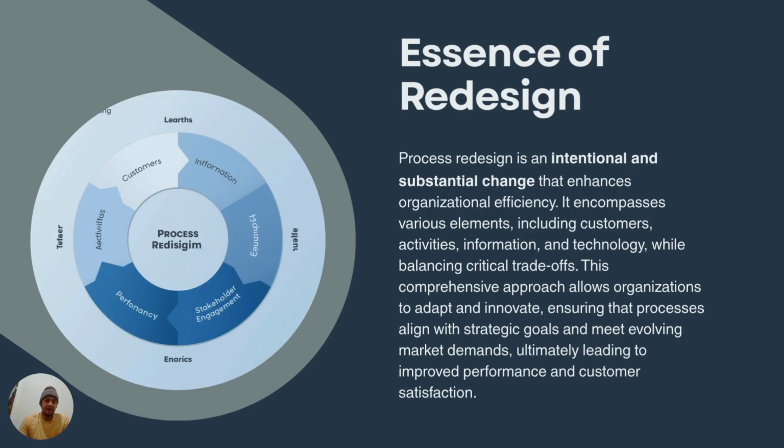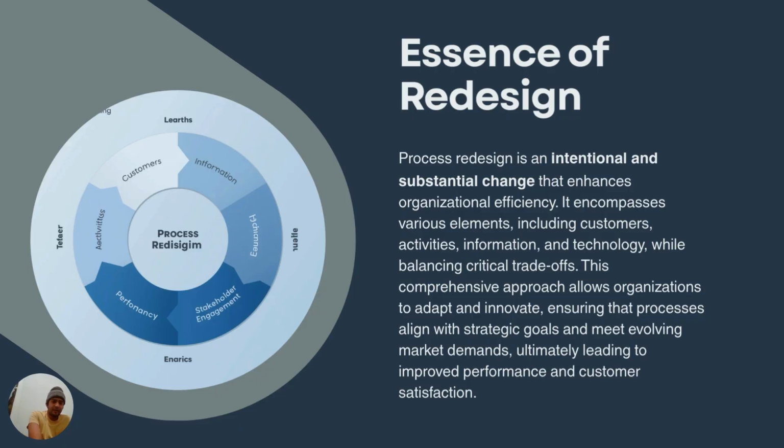The six elements are customer, operation, information, technology, organization, and environment. The goal is a process that's better aligned with the organization's strategy and the customer's value.